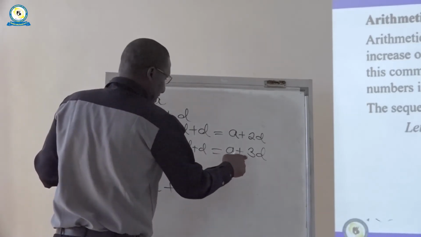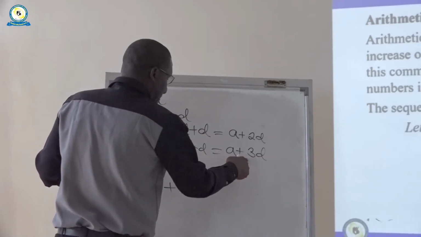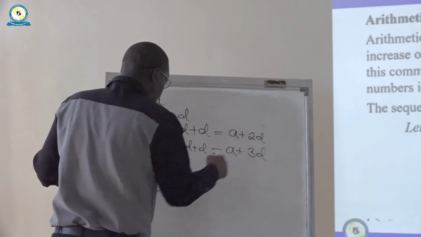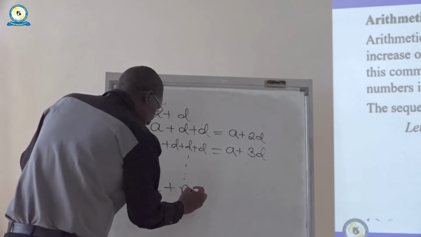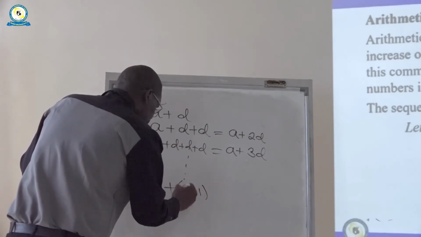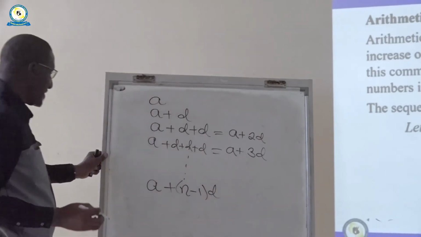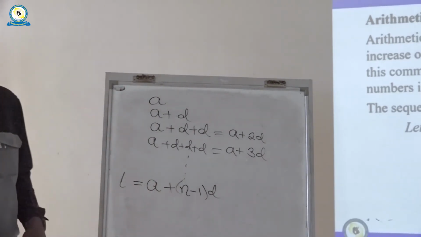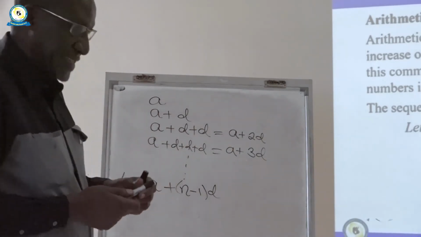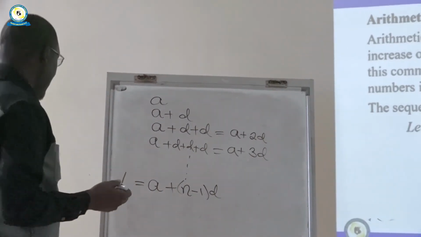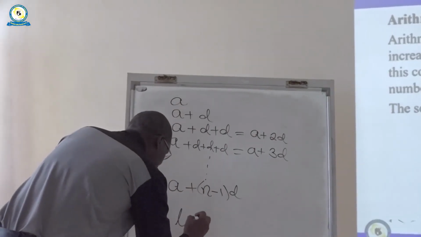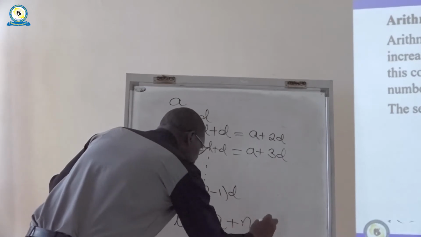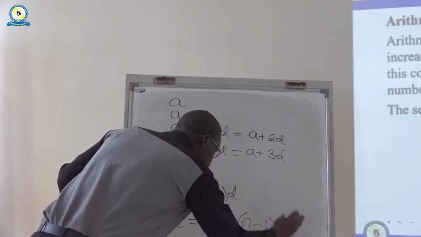For example, for the fourth term it is 3D, and for the third term it is 2D. So for the nth term, it is n minus 1 times the common difference, added to the first number. So we can create a formula indicating that the last number equals A plus n minus 1 times D.